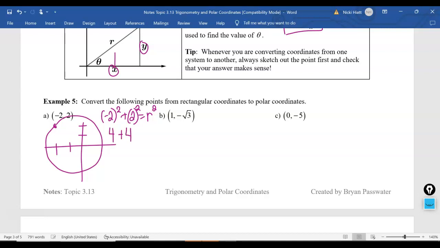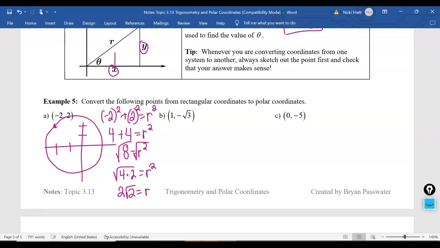So you'll get 4 plus 4 equals r squared. That's going to be 8 equals r squared, and then you will square root both sides. There is a good chance they're going to break down that 8 into the square root of 4 times 2, which means that you're going to get 2 times the square root of 2 as your radius.